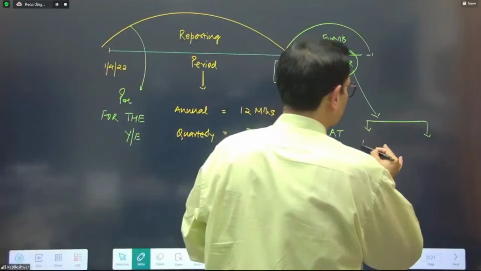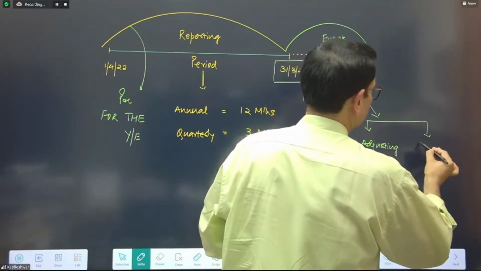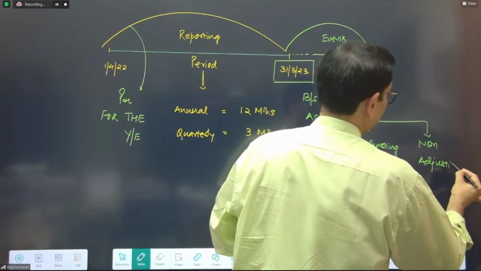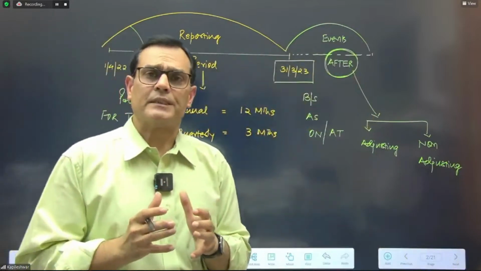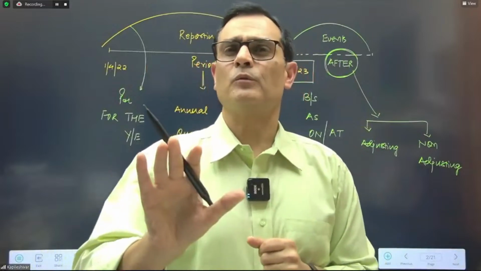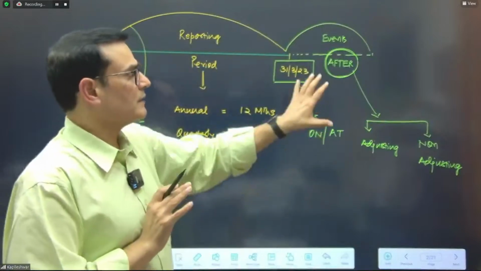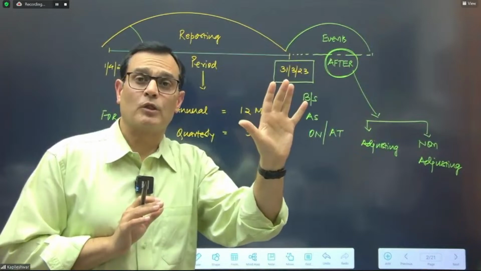One is called adjusting events, and the other is called non-adjusting events. Now, how do we decide whether an event is adjusting or non-adjusting? This is something we're going to cover very shortly. But for the time being, we need to understand that there are two kinds of events: one is adjusting and one is non-adjusting.